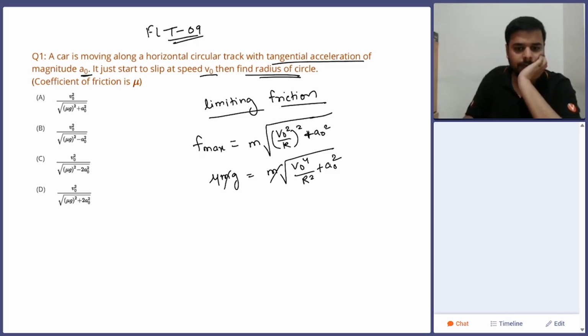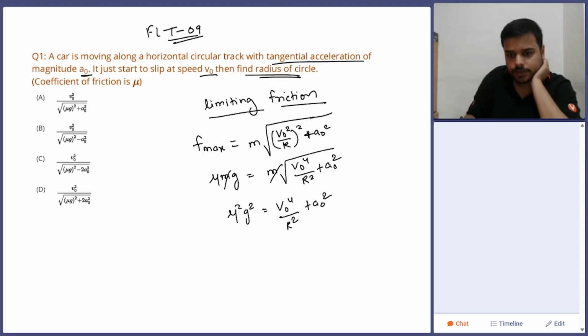So m and m will get cancelled, and if we do squaring both sides, mu square g square is v0 to the power 4 upon r square plus a0 square. Cool. So from here we can find the value of r square to be v0 to the power 4 upon mu square g square minus a0 square.